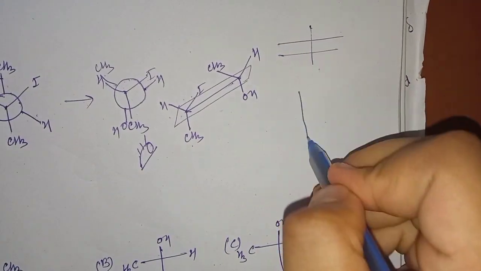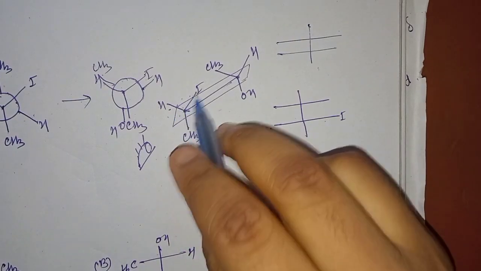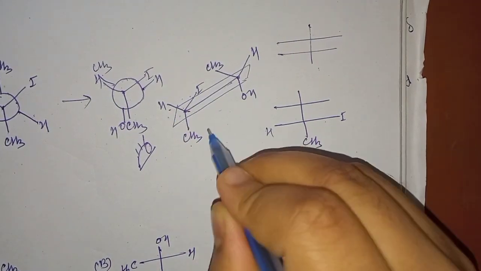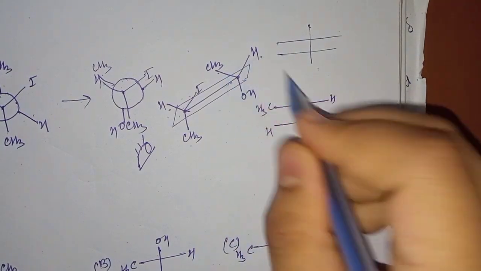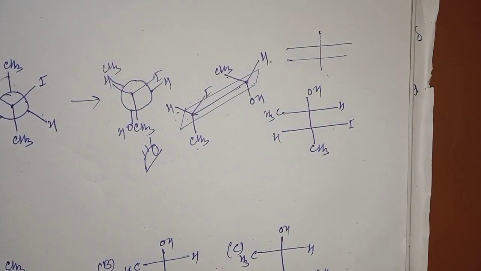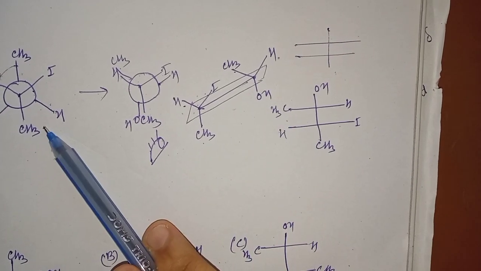So we are clearly getting the Fischer projection. Hydrogen and iodine, these two groups are above the plane and methyl group is below the plane. Similarly here, these two groups are above the plane and this group is below the plane. So this is the equivalent Fischer formula for this Newman projection formula.